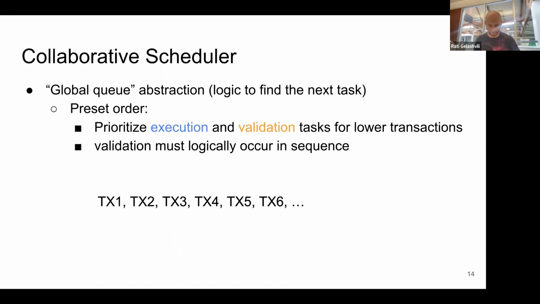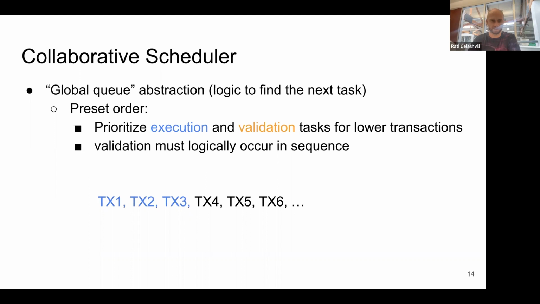What I mean by that is, in the beginning, every transaction needs to be executed at least once speculatively, right? But it doesn't make sense for me to go and execute transaction 500, because its behavior is determined in large part by all the previous transactions. So I should always try to take an available task associated with the lowest possible transaction index. And also validation must happen in order, or logically happen in sequence.